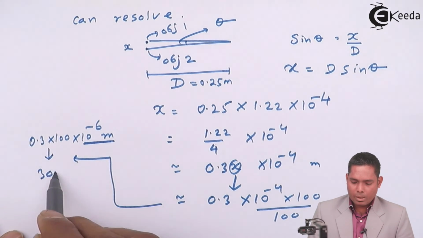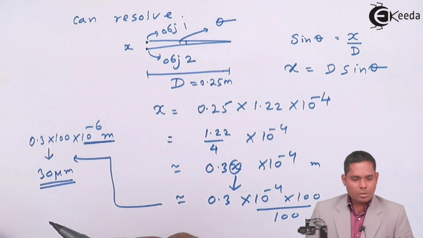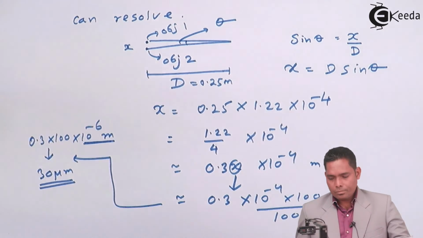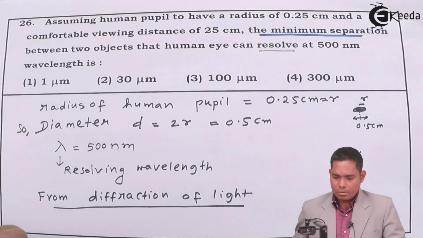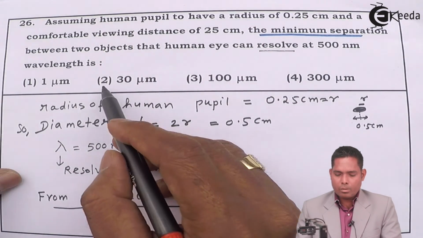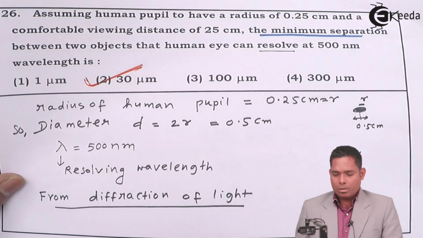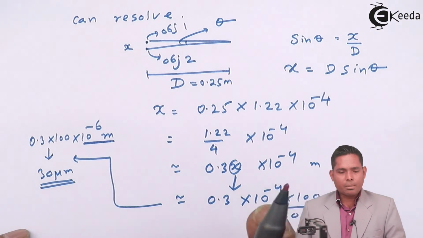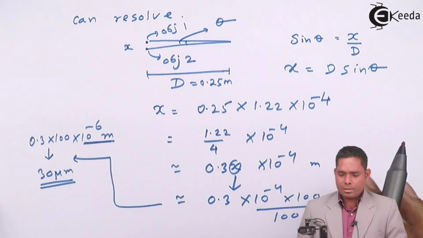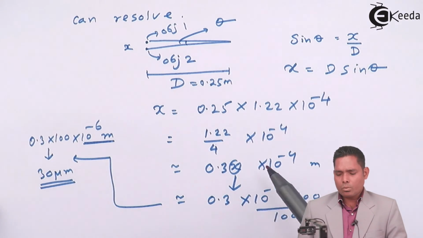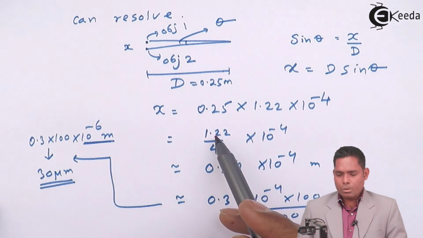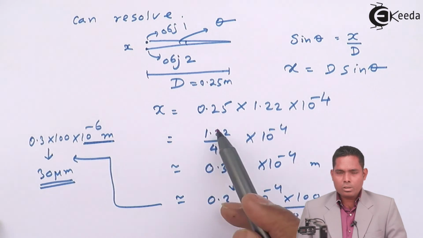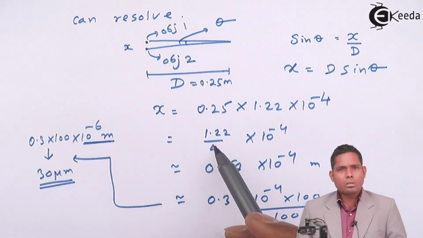So 30 micrometer. If I see the options, you can see here 30 micrometer. This is the correct answer. So what we have done is, we did not go for actual calculations, saved the time, and still got the right answer. In many questions you can do this. Before going for the actual calculations, just have a look at the options.